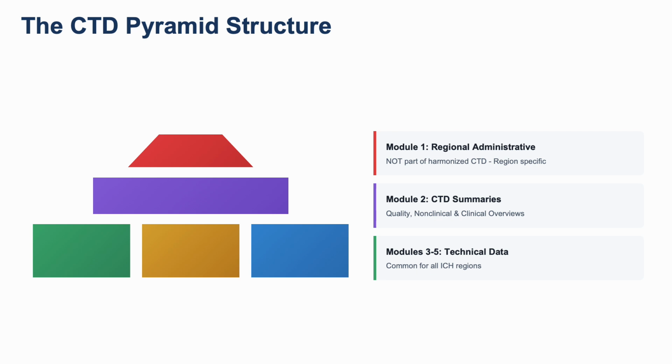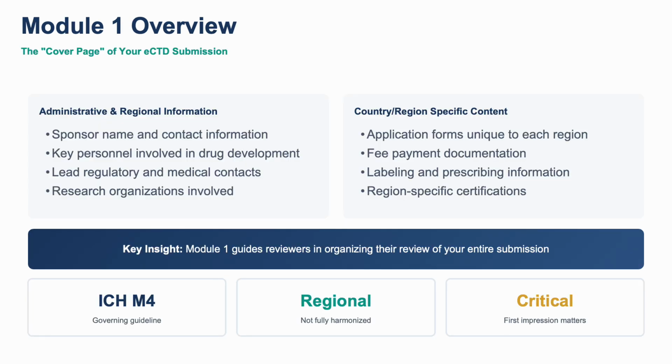The base of the pyramid consists of Modules 3, 4, and 5 which contain the actual technical data, Module 3 for quality or CMC information, Module 4 for non-clinical study reports, and Module 5 for clinical study reports. These lower modules are common across all ICH regions, meaning the same documents can be submitted to FDA, EMA, and PMDA without reformatting.